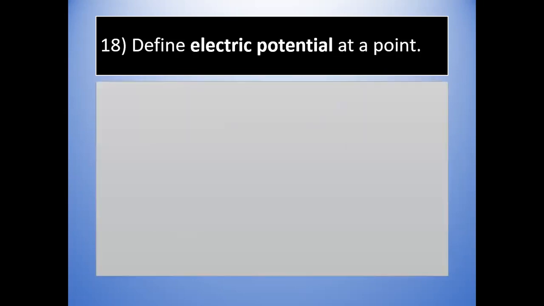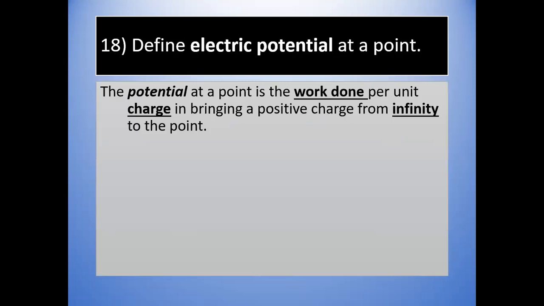Potential is the work done per unit charge in bringing a positive charge from infinity to the point. So we bring 1 coulomb of charge from infinity to the point, if you are interested in the potential at the point. Basically, bringing 1 unit of positive charge from infinity to a point.